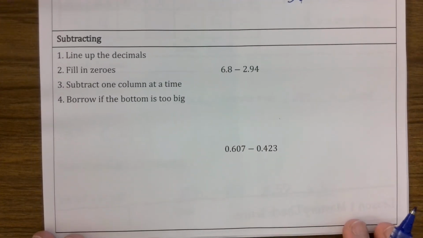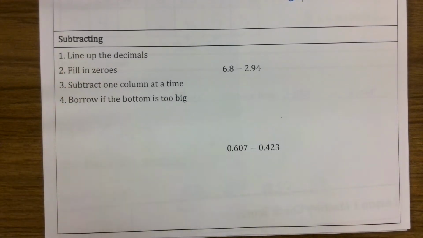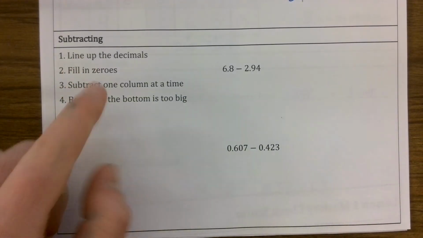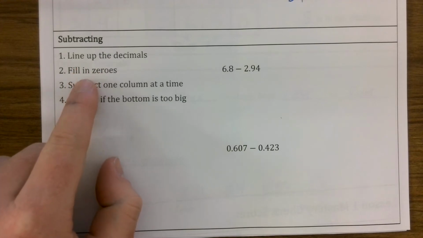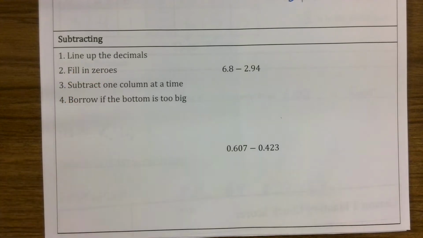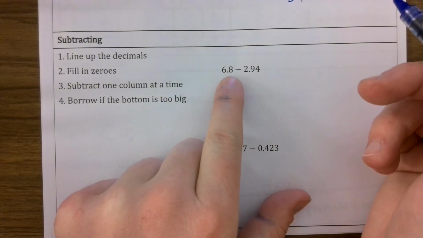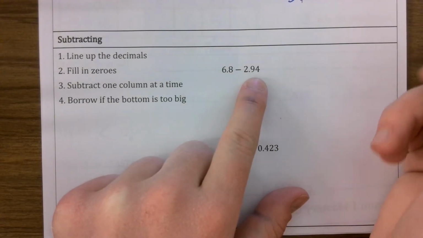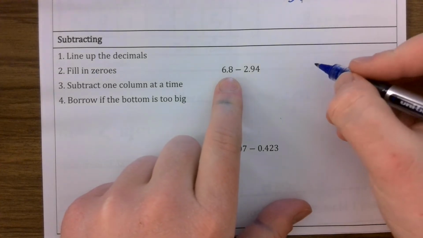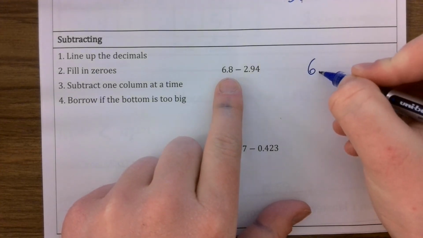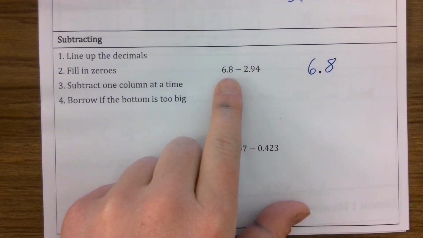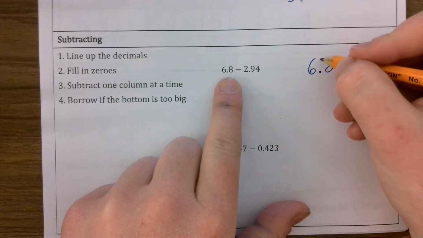All right, let's look at subtraction. Notice these steps are also really similar. The first thing we want to do is again line up our decimals, fill in zeros, and then we're going to subtract and borrow instead of carry this time. So we have 6.8 minus 2.94. I'm going to put my first number on top, 6.8, and I'm going to draw in my columns.